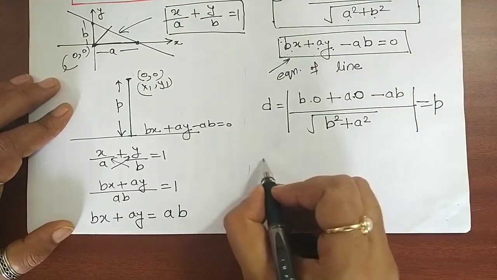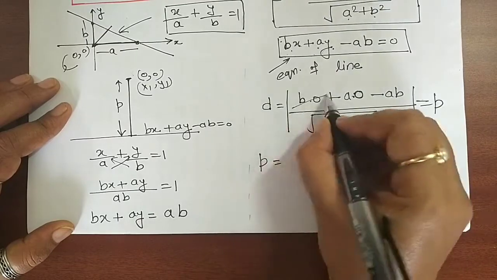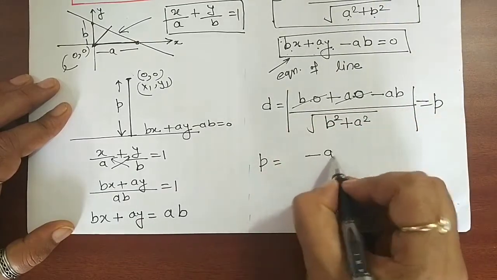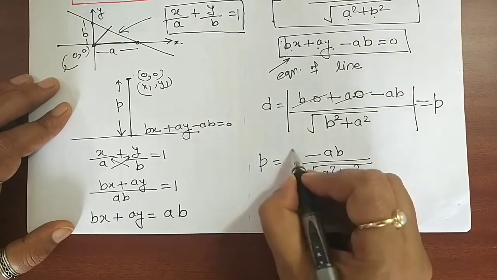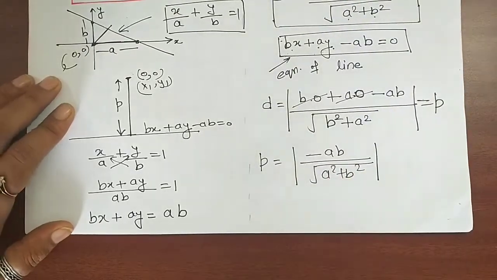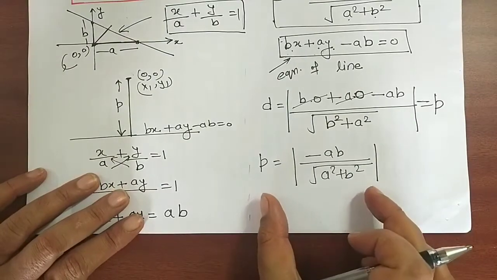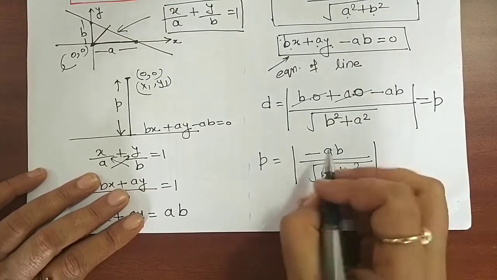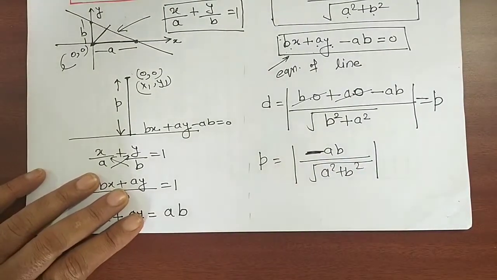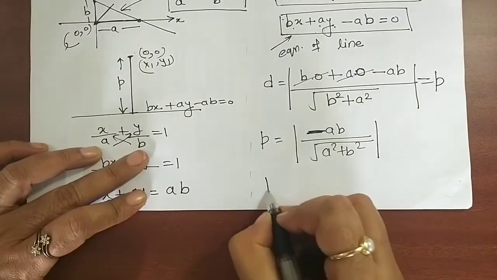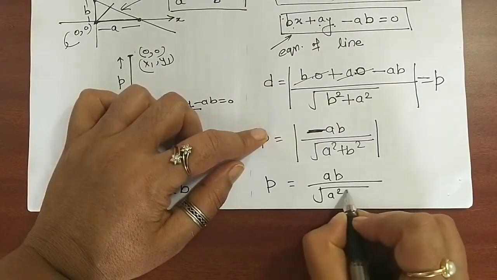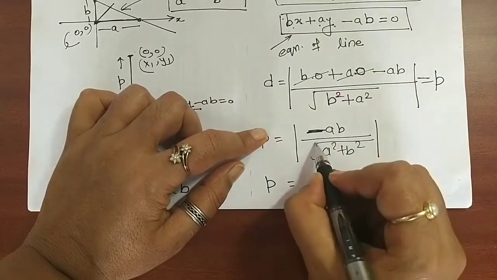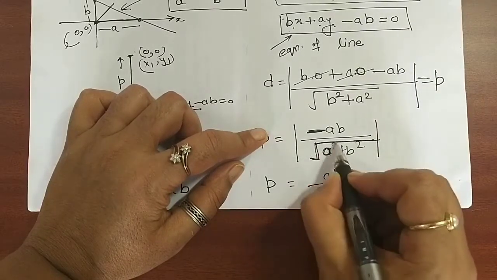Now let me simplify. P is equal to, this is 0, this is 0, minus AB by root of A square plus B square, mod. Okay, mod means we have to remove it by making this sign plus. So let me remove it. So I will make P equal to AB by root of A square plus B square, because root value will be positive only.